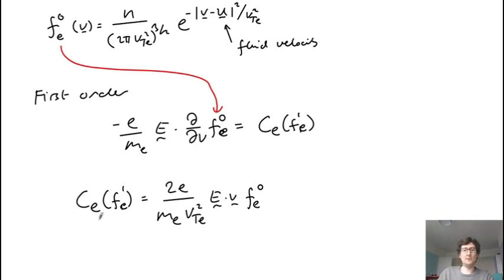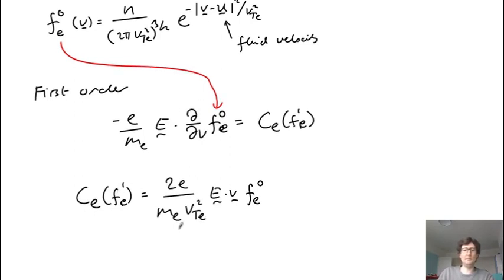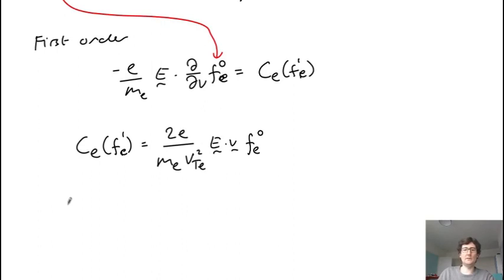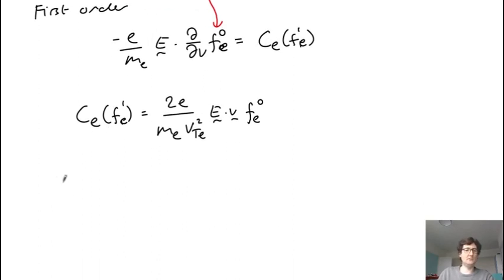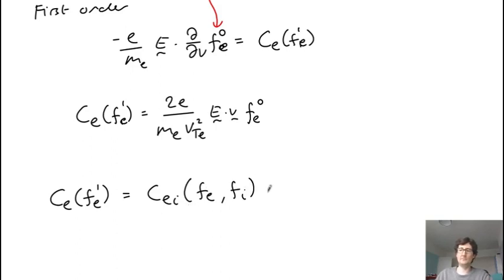The problem now is how to invert this, because in general this operator is quite difficult to invert, and the full Spitzer-Härm calculation is quite involved, because this collision operator, CE, here written as acting on the first order distribution function, is in general a function of collisions with the electrons and ions, so it's CEI, due to the electron distribution function and the ion distribution function, plus the electron-electron collisions as well.